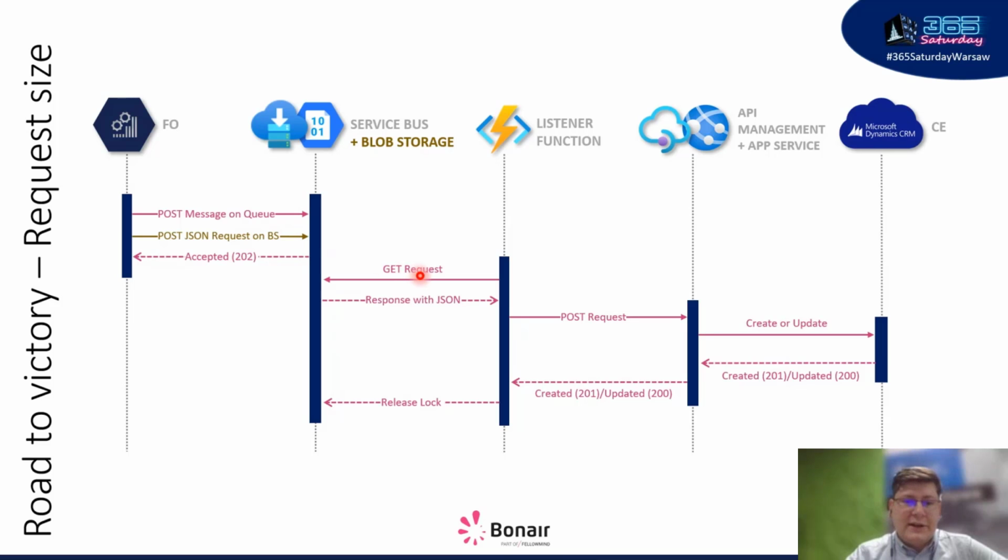And our listener, when it finds something on a queue, can download the request from blob storage. Everything on app service and CE side connection is exactly the same as at the beginning.